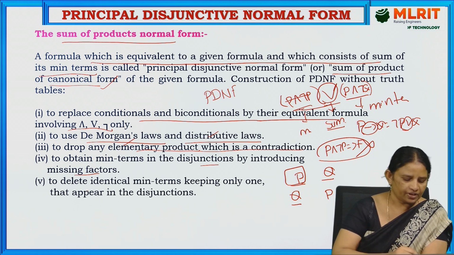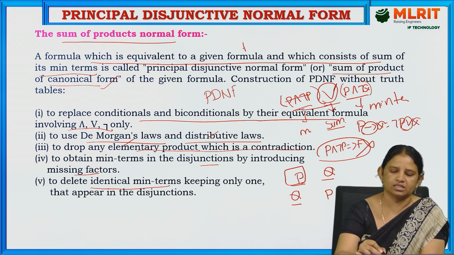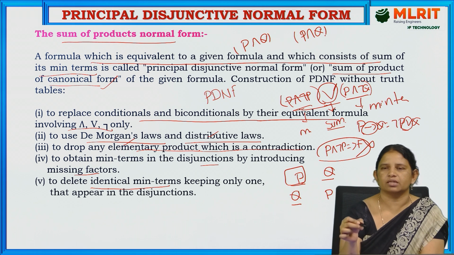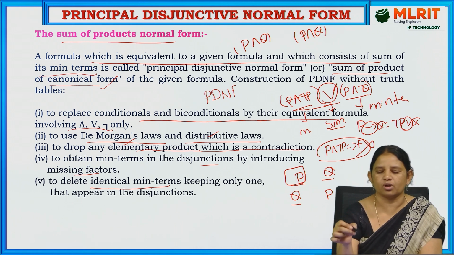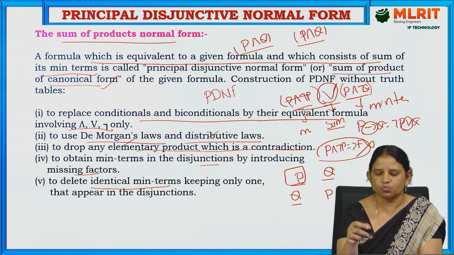Next, if any identical minterms appear, for example, P and Q appearing twice in the given principal disjunctive normal form, instead of writing twice, we need to replace them with only one minterm, because both are identical.